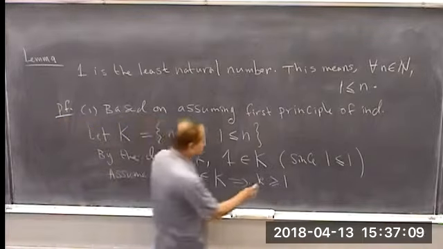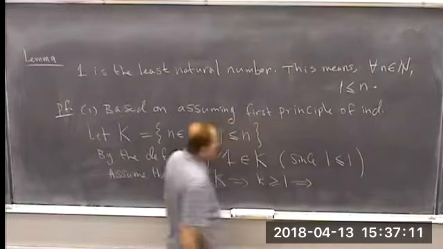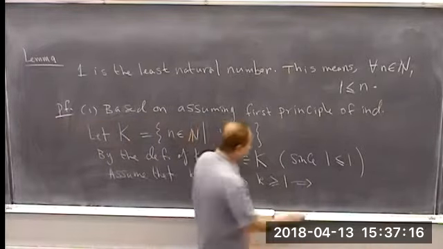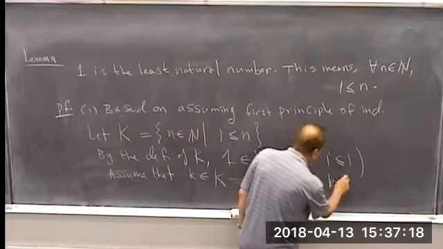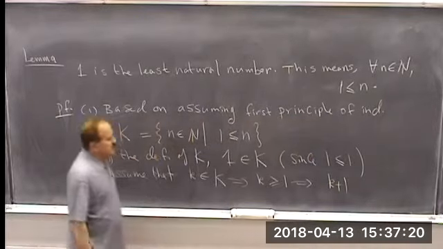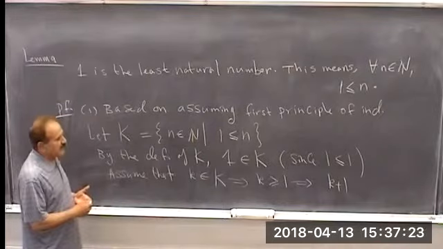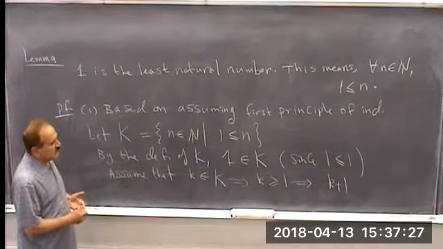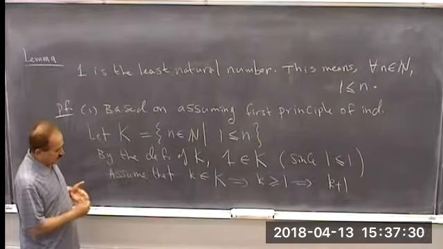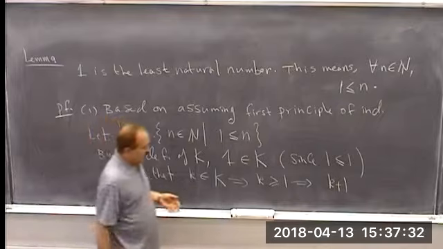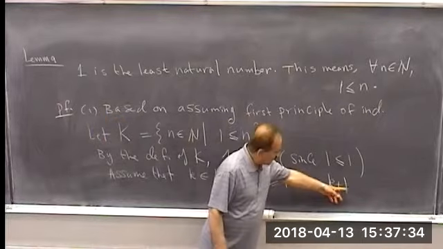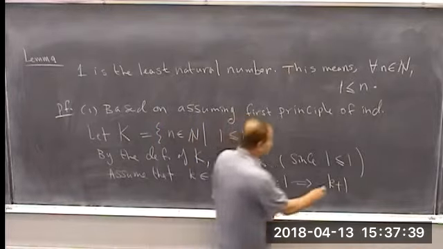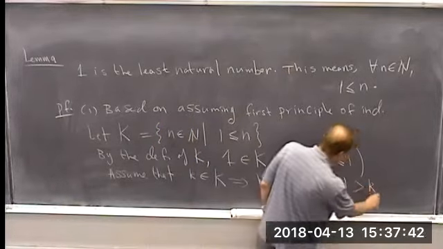And this in itself implies that k plus 1 is definitely strictly bigger than k, because remember the way we define an inequality or the ordering, okay? We say that one is greater than the other if there exists a natural number such that when you add, you come up with, which is k plus 1. So this is bigger than k.